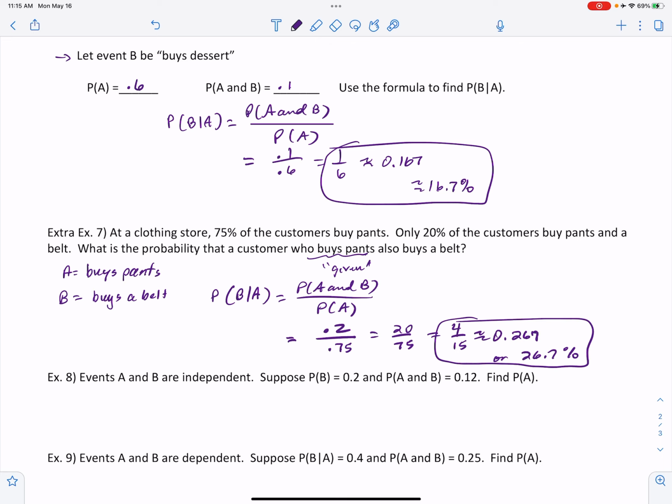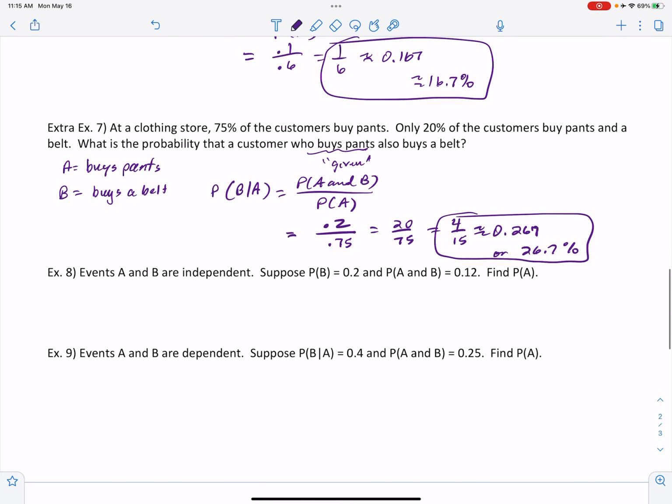And then another couple of examples I added in to help with the homework. This is why I say you need to know your formulas. If they say events A and B are independent, you should be going, oh, probability of A and B is the product of their individual probabilities. And then plug in what they give you. They tell you the probability of A and B is 0.12.